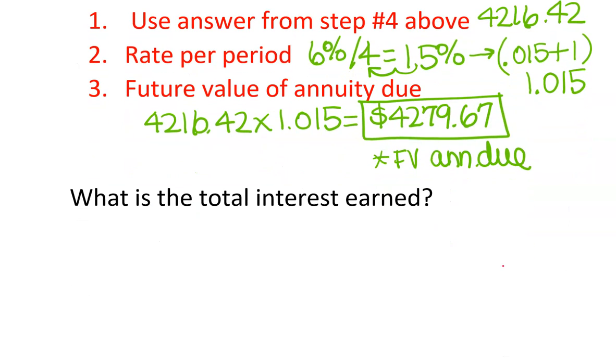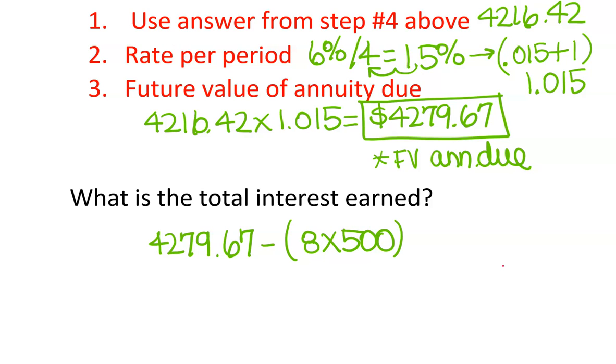What is the total interest earned? We're going to do the same thing we did before. 4279.67. And we need to subtract out what was deposited, but remember there are deposits every period, so it's 8 times 500 once again. The only difference is this 500 is put in at the beginning instead of at the end, and that amounts to $4,000.